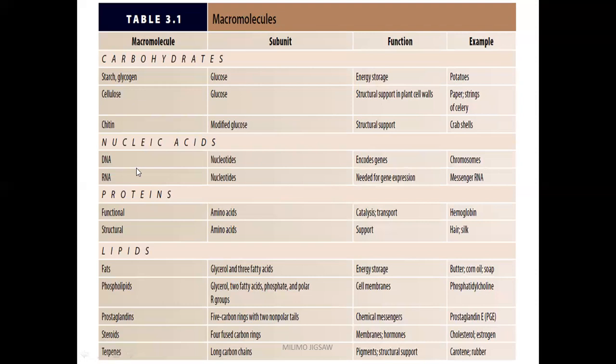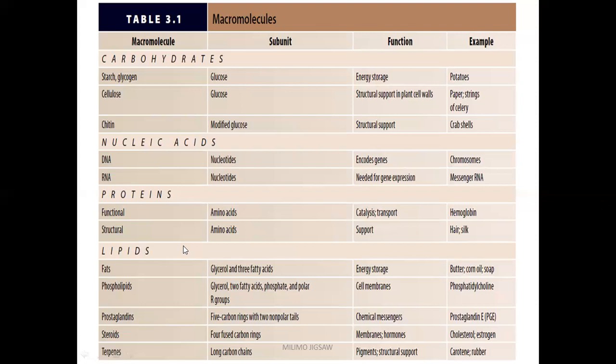Then we have proteins, which are made of subunits of amino acids. Proteins could be used as catalysts, for transport, and also for support. And then we have lipids, such as the fats and the phospholipids. The fats could be used for energy storage, and the phospholipids are constituents of cell membranes. Then we have other types of lipids.